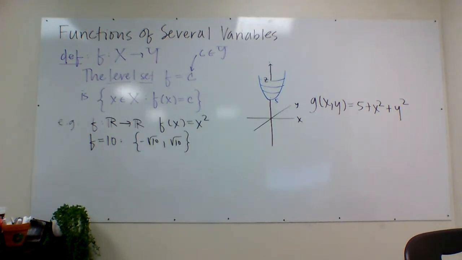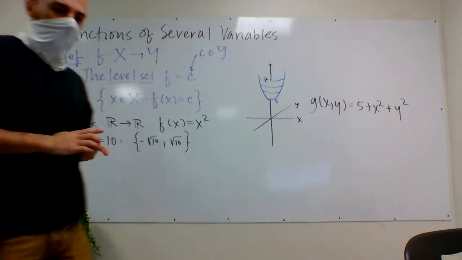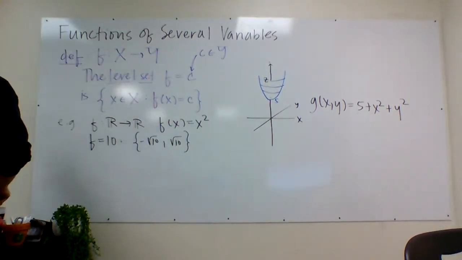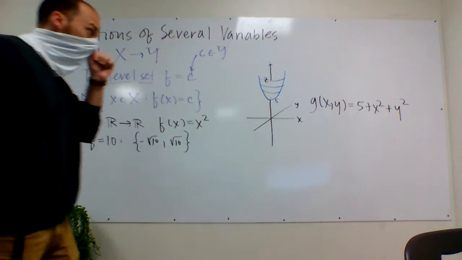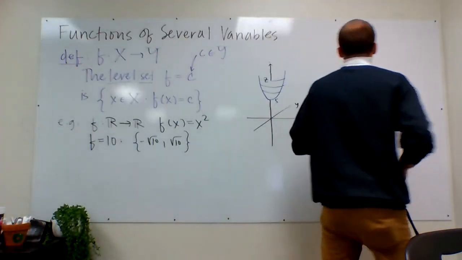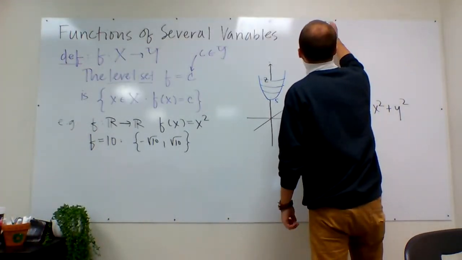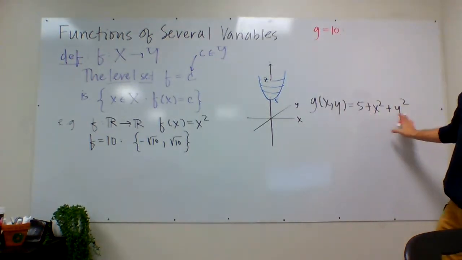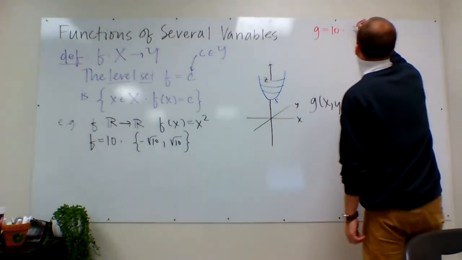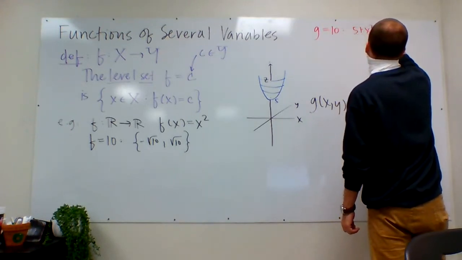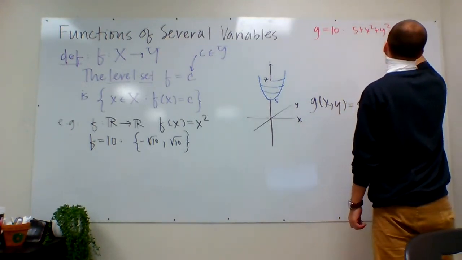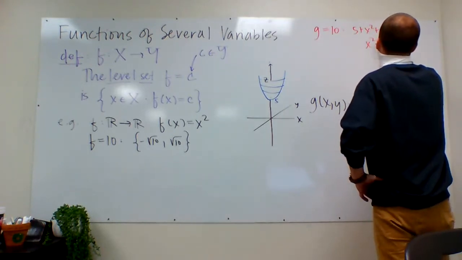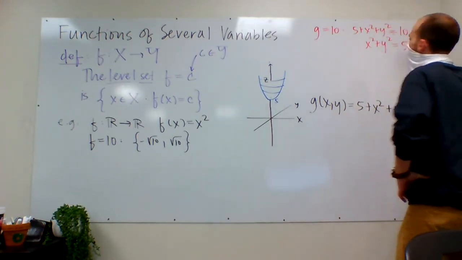But I'm also interested in talking about the level curves, or excuse me, the level set over here. The level set g equals 10 I get by setting 5 plus x squared plus y squared equals 10, which is where x squared plus y squared equals 5.